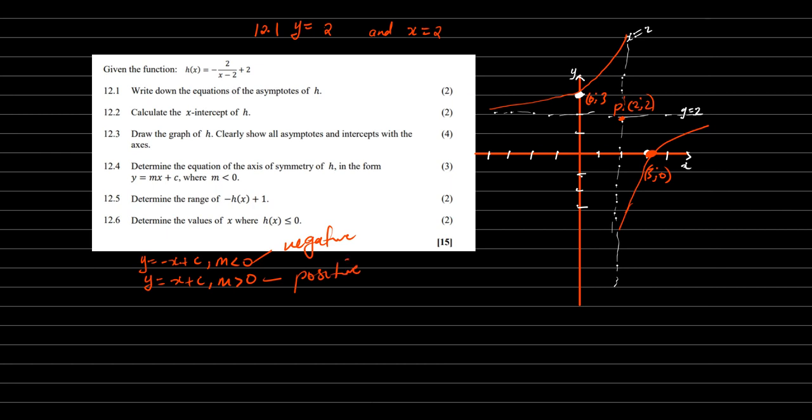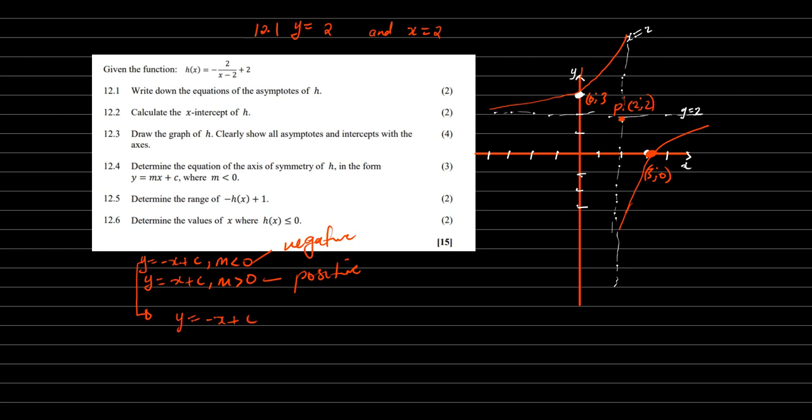Right. With that being said, we are going to draw our lines. The negative aspect will go this way, the positive aspect will go that way. So now we'll do it like this. We will utilize the one that has got a negative gradient, but when we solve these things, all those lines must pass through point P, this point here, this point P. So we'll have y equal to negative x plus c.